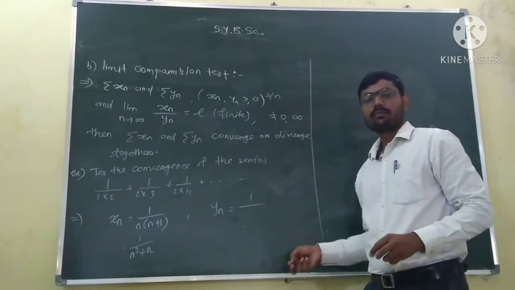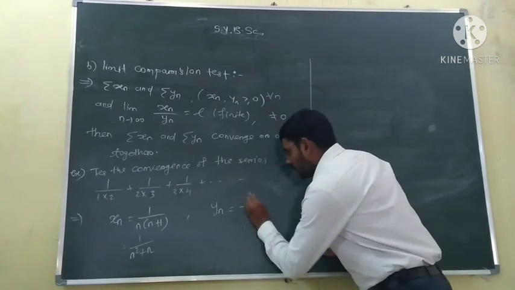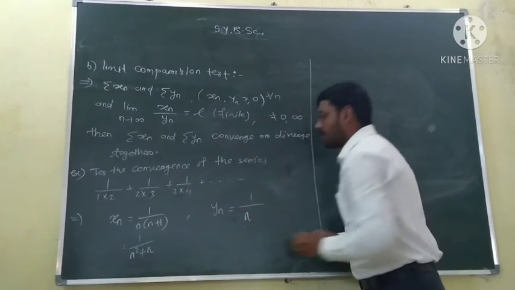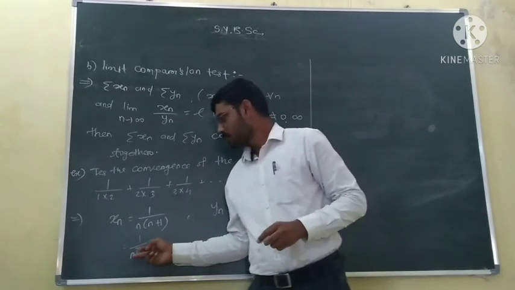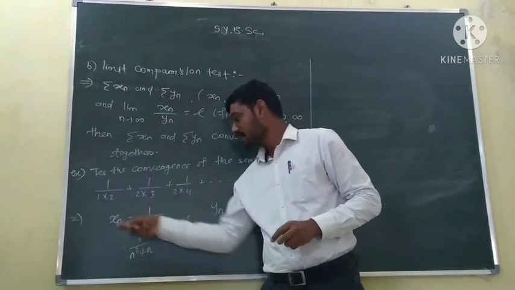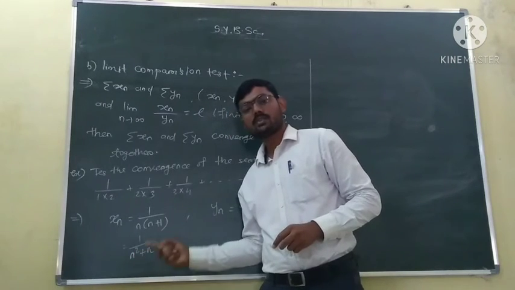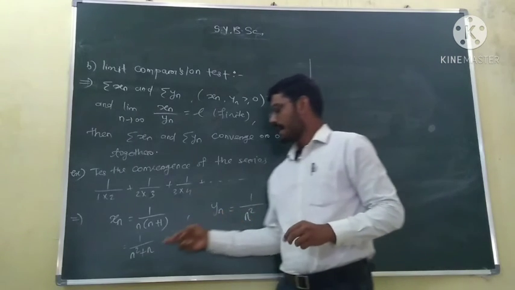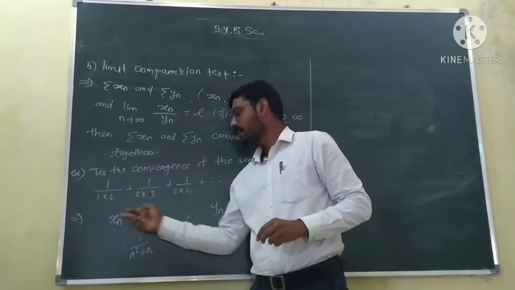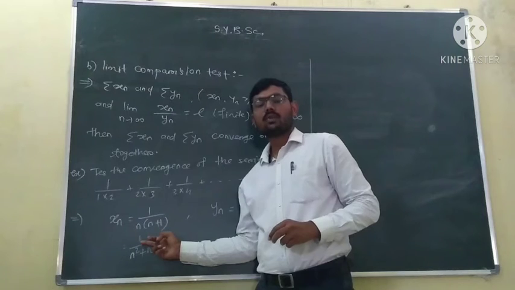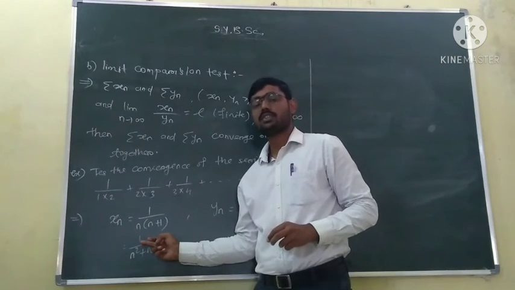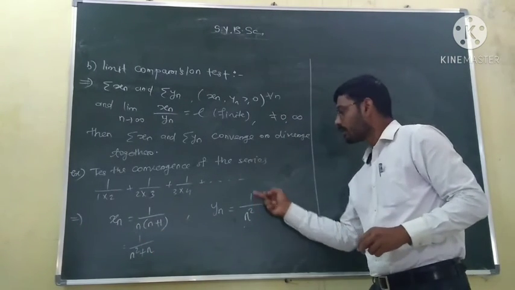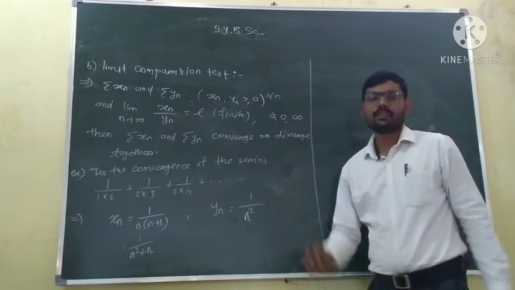So we choose yn equal to 1 upon n raised to the power of the highest power of n in the denominator in xn, which is 2, minus the highest power of n in the numerator in xn. But here there is no n in the numerator, so the highest power of n in the numerator is 0. So 2 minus 0 is 2. So we choose yn equal to 1 by n square.